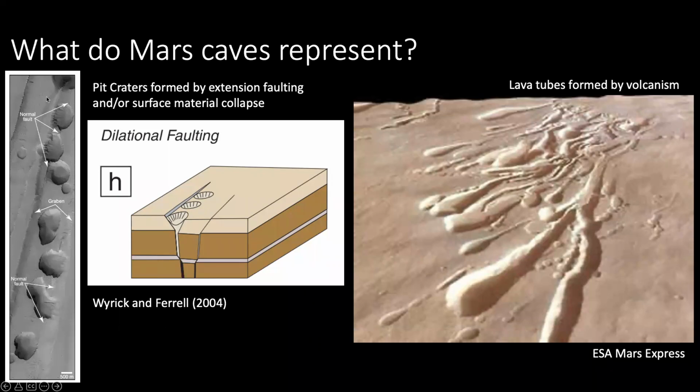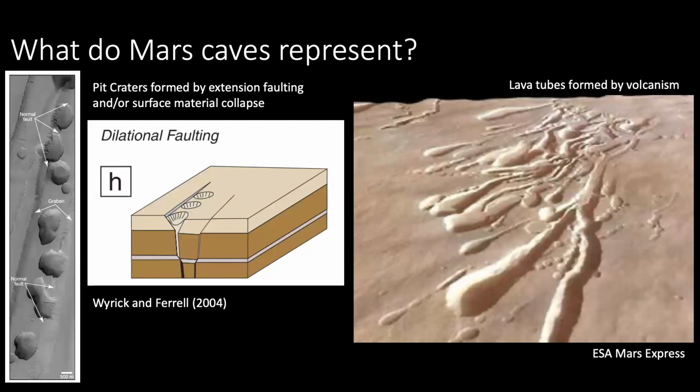So the crust has pulled apart here on Mars. And because of that, you have a series of collapse features in a line related to that fault. And in the middle, you have a block diagram of what that process looks like to give you a three-dimensional perspective on how some of these collapse features might form.